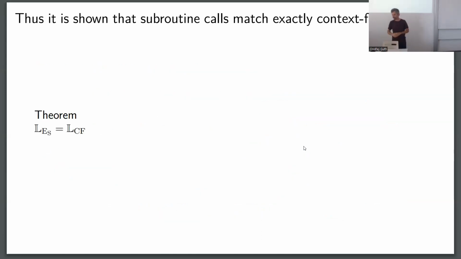So we can say that the language of regular expressions with concatenation, alternative and subroutine calls is exactly the set of context-free languages. So here we could somehow relate it to a well-known language class.